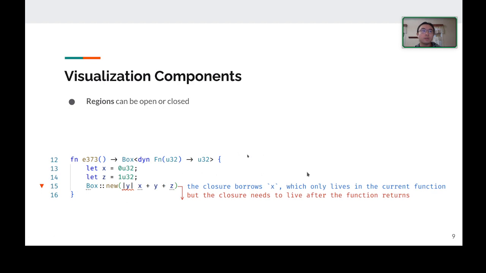And regions can be open or closed. In this case, we are displaying the lifetime of this closure. And the closure starts on line 15 and extends after the function is returned.